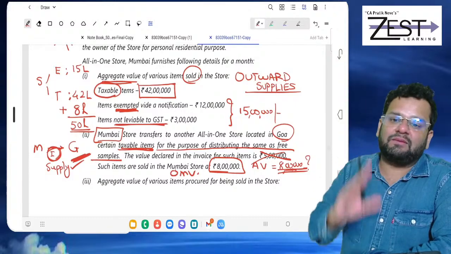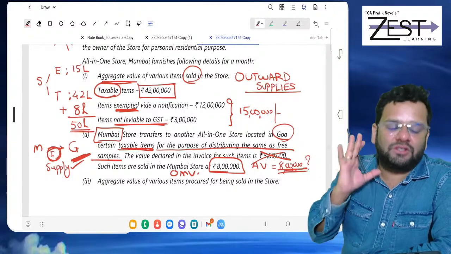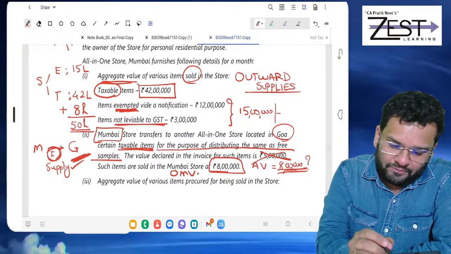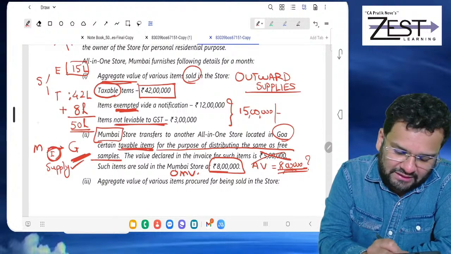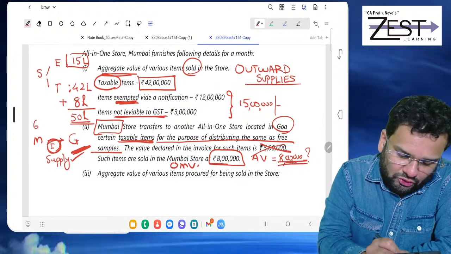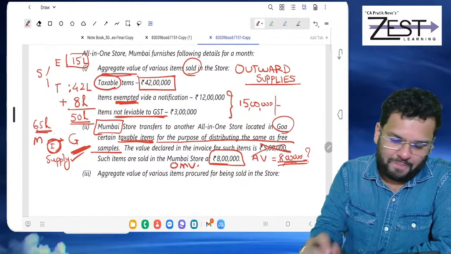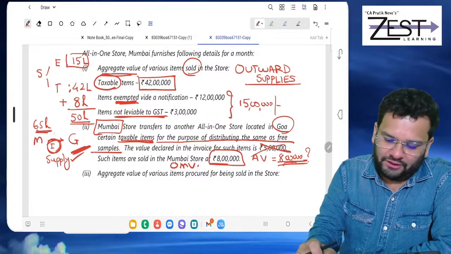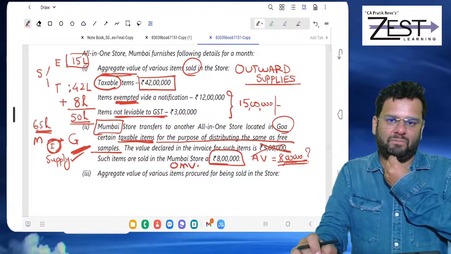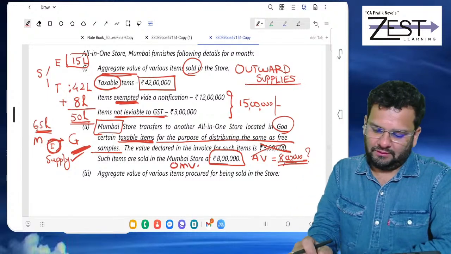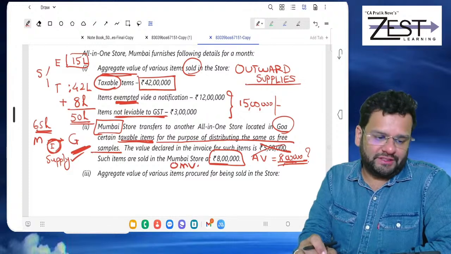For the first time, I am getting the opportunity of doing such an amazing question. So, isn't your total turnover 15 lakhs plus 50 lakhs? Isn't your total turnover 65 lakhs? Have you all understood till this point? Let me know, friends, is it clear?